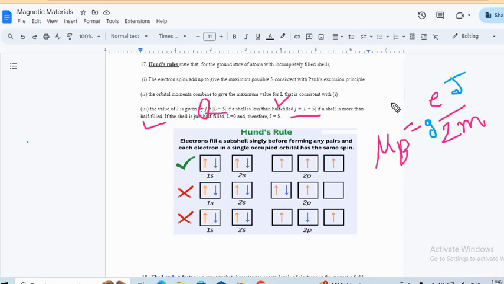If you add this, you will get the complete magnetic moment for an atom when you have a large number of electrons.